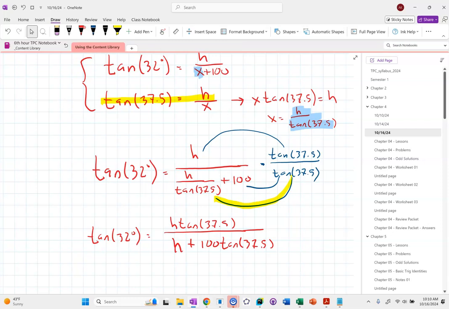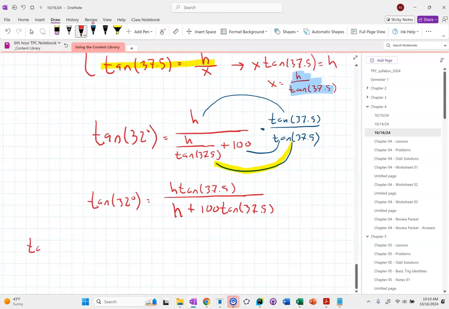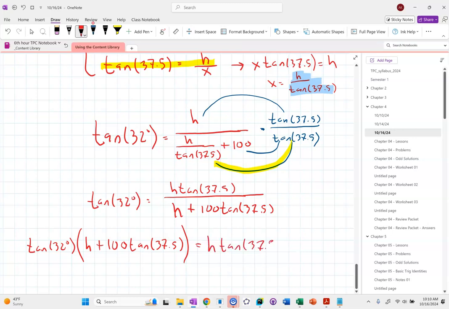So I'm going to get rid of the fraction part of this by multiplying both sides of my equation by h plus 100 times tan 37. Everybody okay with what I've done there?